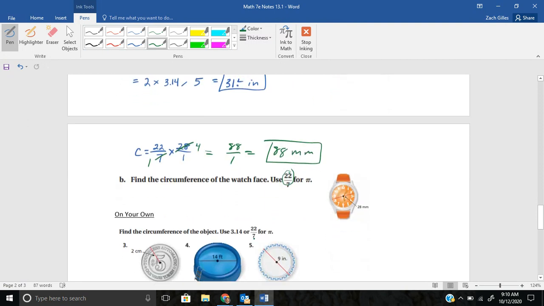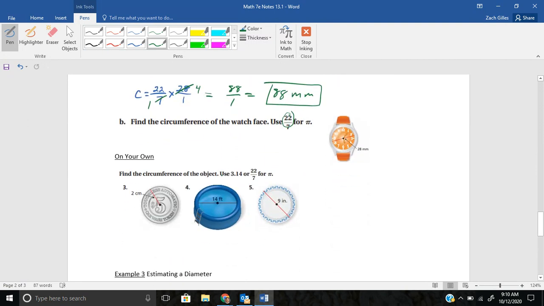Okay. So I'll go ahead and pause the video here and find the circumference of the coin, the pool, and the plate here. All right. Hopefully you came up with 12.56 centimeters for the coin.